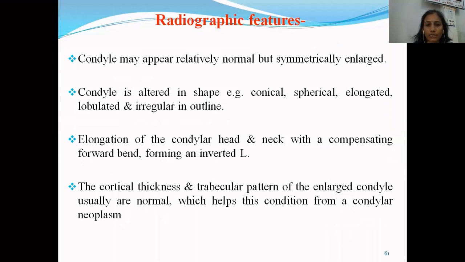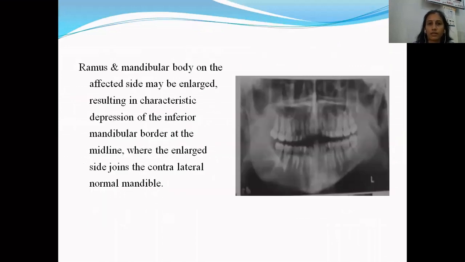The cortical thickness and trabecular pattern are usually normal. The ramus and the mandibular body on the affected side will be enlarged. As we see in this OPG, on the right side it is enlarged, on the left side it is normal in size. So in this patient there is condylar hyperplasia on the right side.